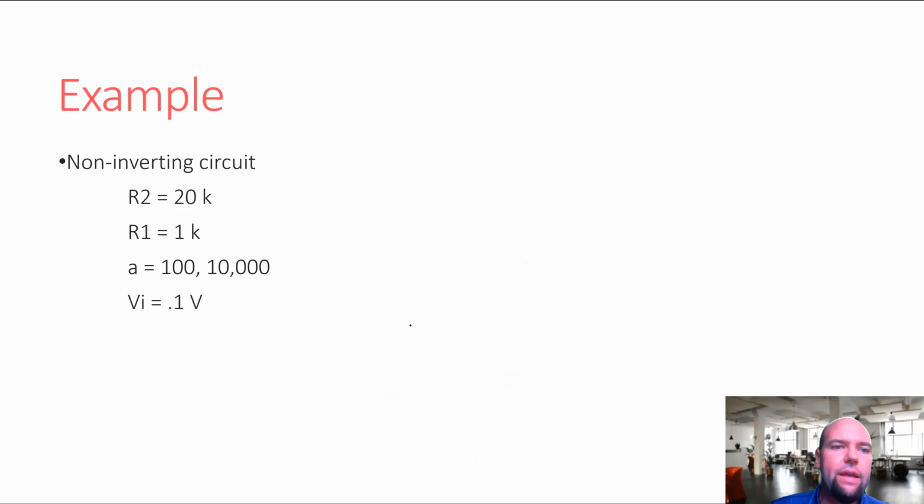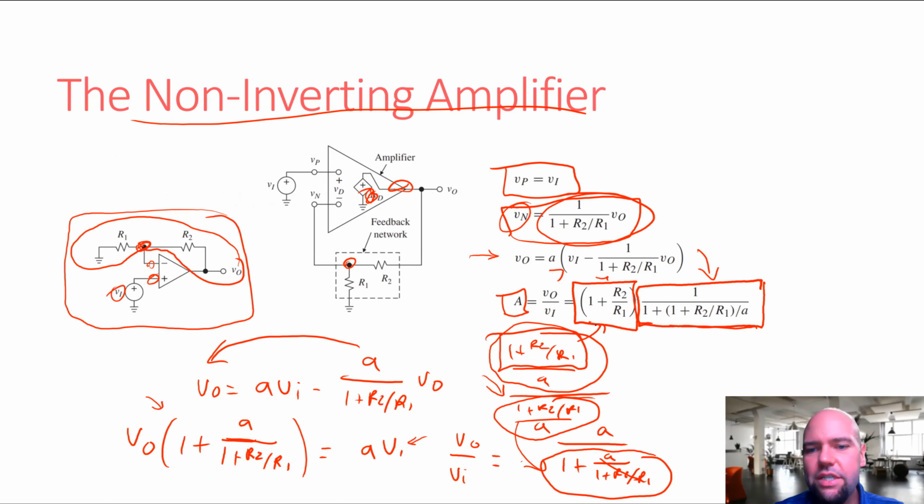So, I mean, this is going to tweak our overall actual result. So let's do an example. Non-inverting circuit, R2 is 20K, R1 is 1K. Ideally, ideal gain would be 1 plus 19K divided by 1K, 20. So ideal gain of this circuit would be 20. But based on our equation here, it's not going to be the ideal gain.